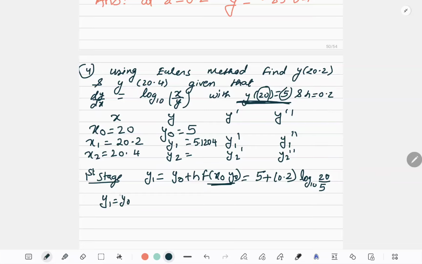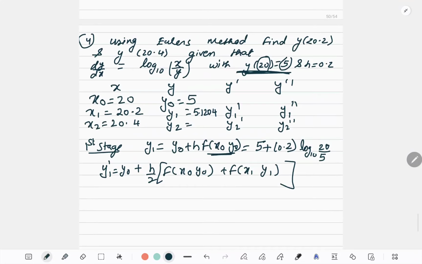y1 is equal to y0 plus h by 2 f of x0 y0 plus f of x1 y1. Right? So what is y0? y0 is 5 plus 0.2 upon 2. Now here log of x0 by y0 means 20 by 5 plus log of x1 by y1.